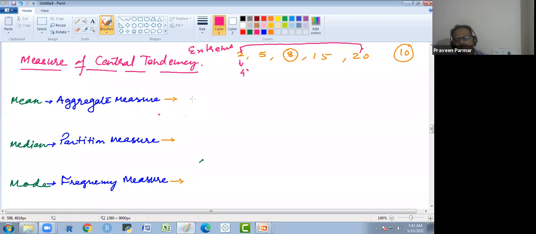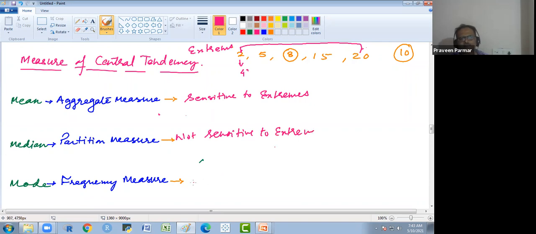If you change the extreme value, the median will not be affected. And the mode is also not sensitive to extremes.